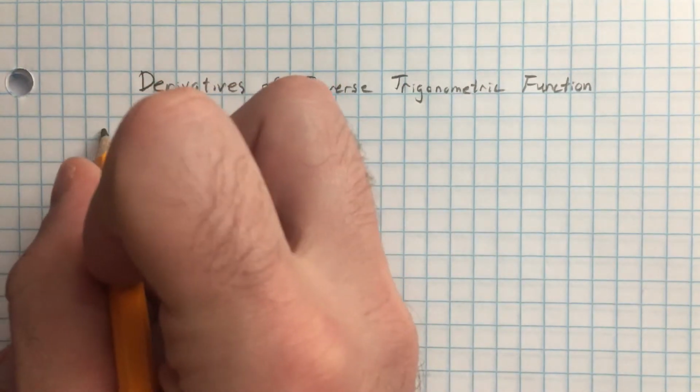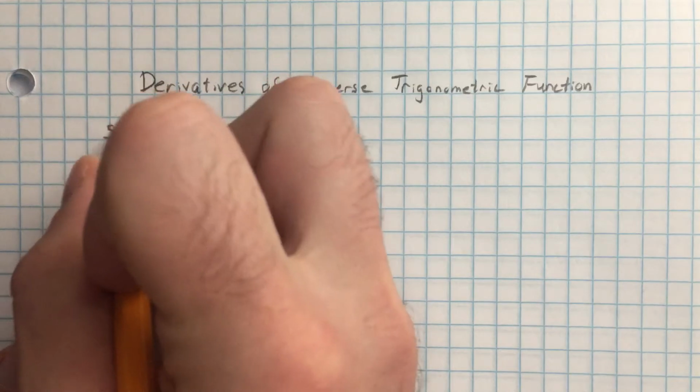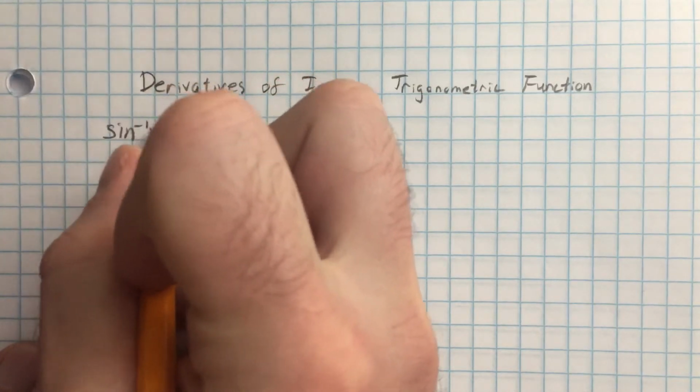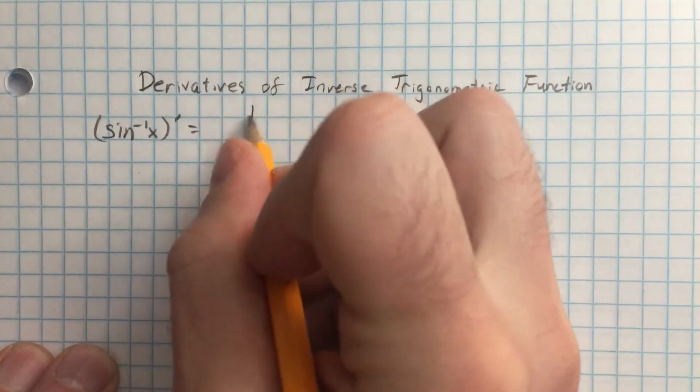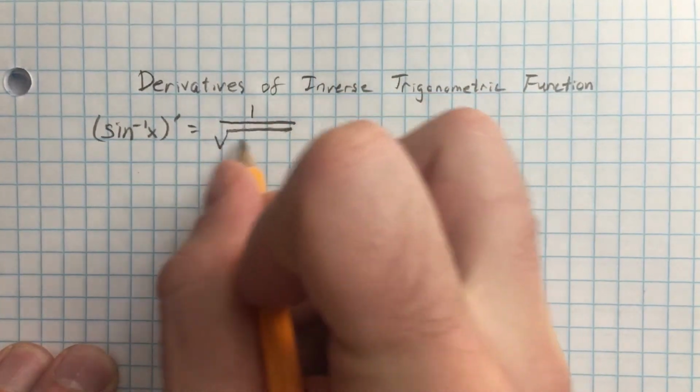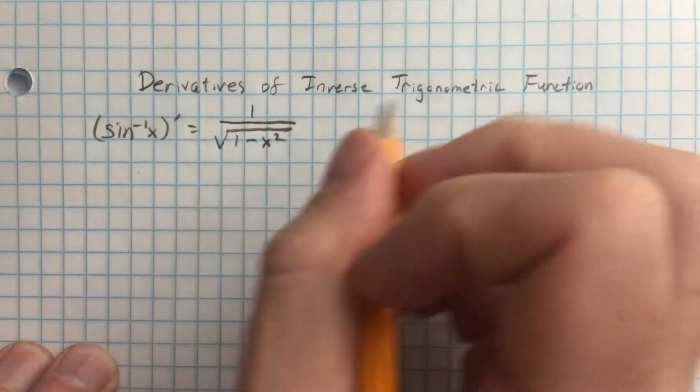So the derivative of sine inverse of x is 1 over the square root of 1 minus x squared.